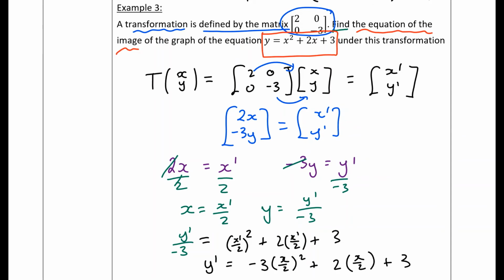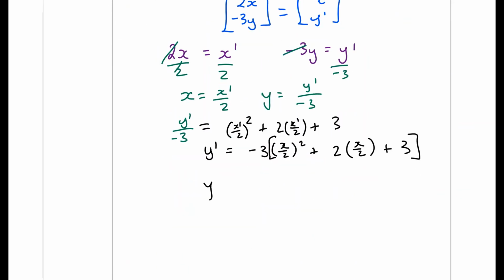Remember, if I'm multiplying by negative 3, I'm multiplying the whole thing. So y dash is negative 3x squared on 4, because (x on 2) squared, square the top, square the bottom. Now 2 times x on 2 cancels. Negative 3 times x would be minus 3x. Negative 3 times 3 is minus 9.